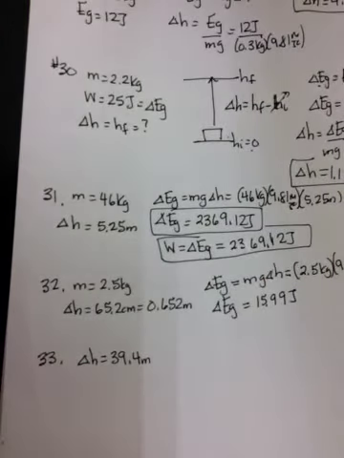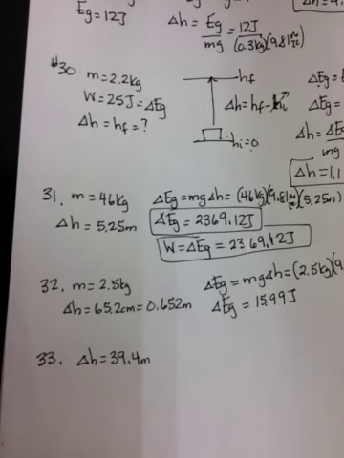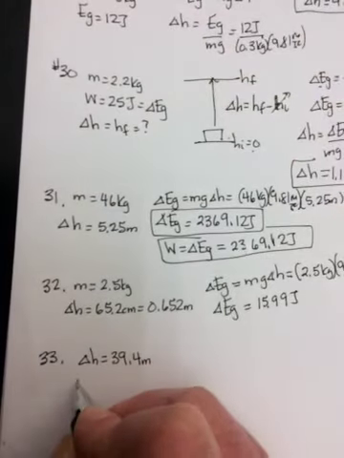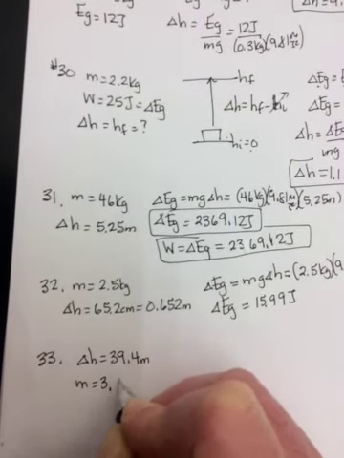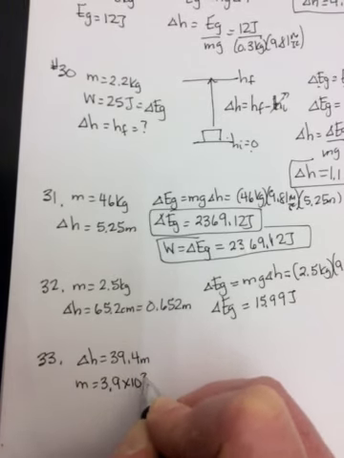From its starting position, find the change in gravitational potential energy if the mass of the train and its passengers is 3.9 times 10 to the third kilograms.